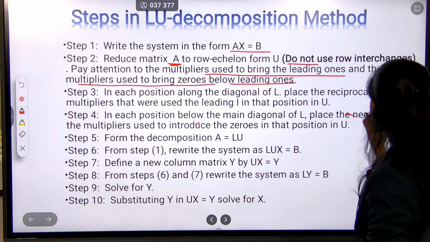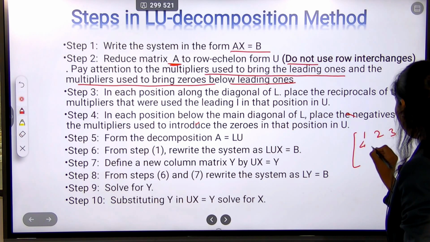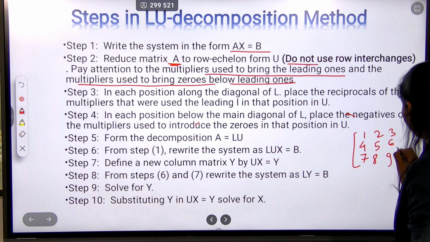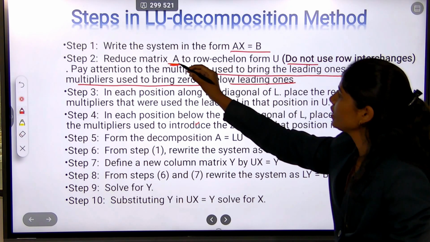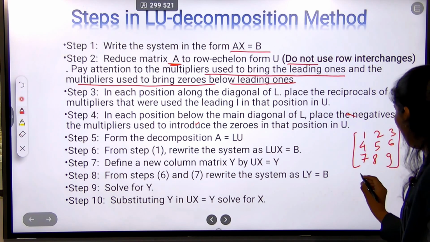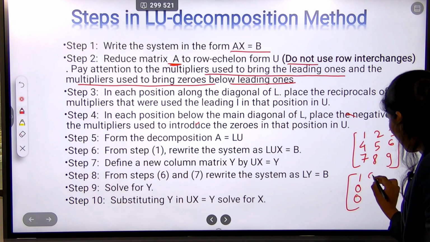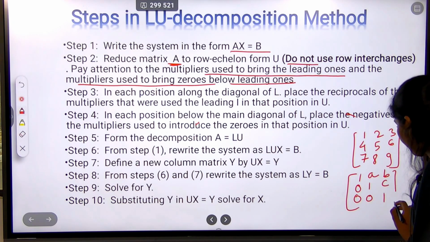Suppose here is a matrix 1, 2, 3, 4, 5, 6, 7, 8, 9. First of all we have to convert this A into row echelon form. So we get something like 1, 0, 0, some values, 1, 0 and 1.